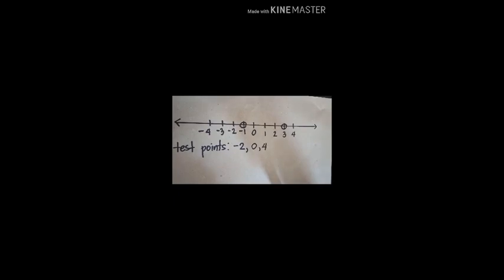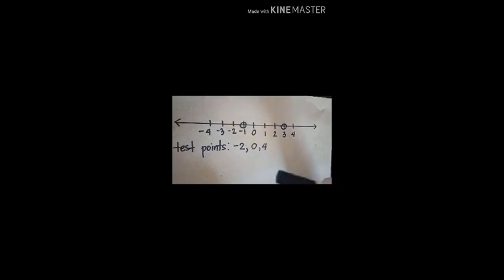Titignan natin kung yung test value magproproduce siya ng true statement. Otherwise, kung false yung statement, ibig sabihin yung region kung saan galing yung test point natin is not part of the solution set.